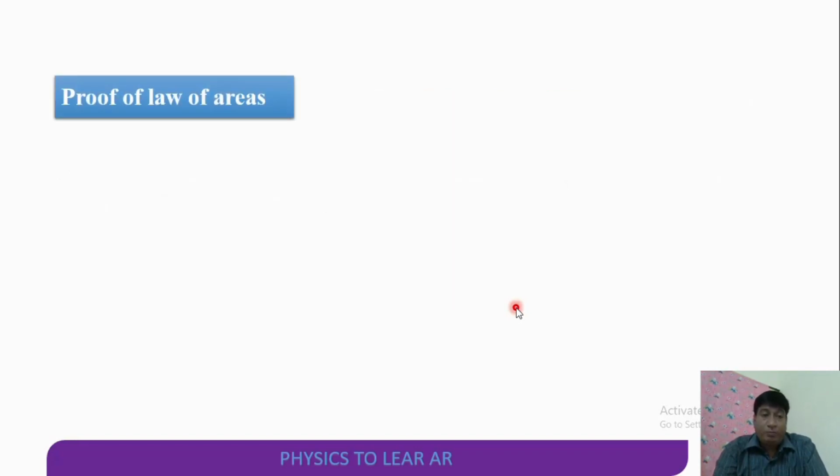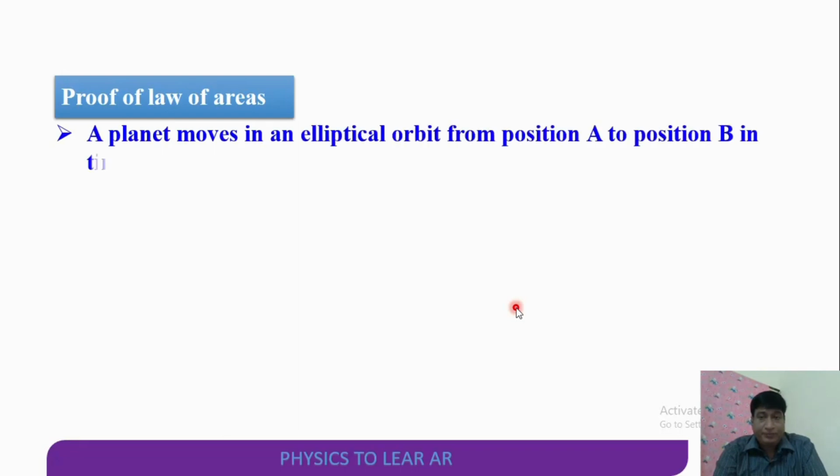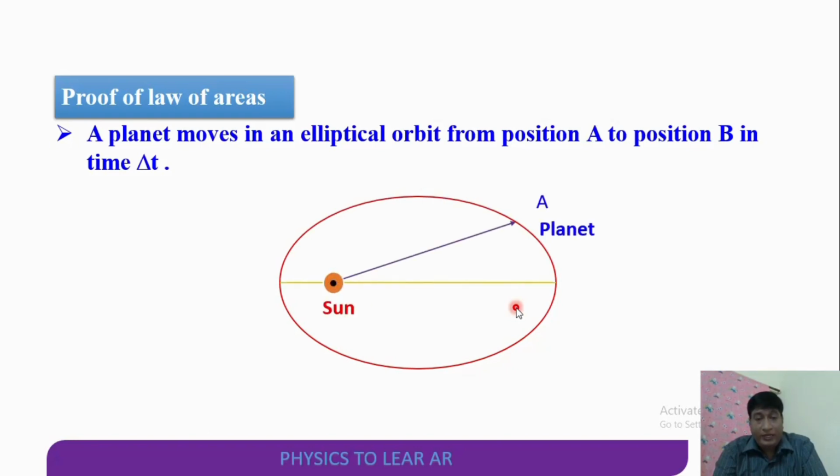Now a proof of the law of areas, Kepler's second law. A planet moves in an elliptical orbit from position A to position B in a time delta t. This is the initial position, which I can take as theta.